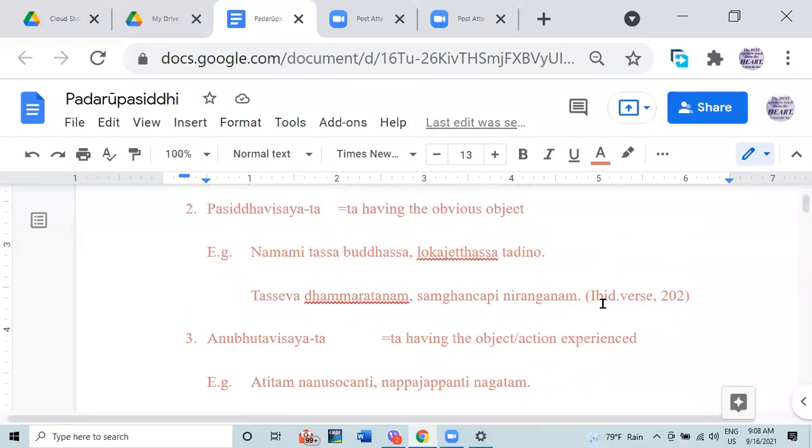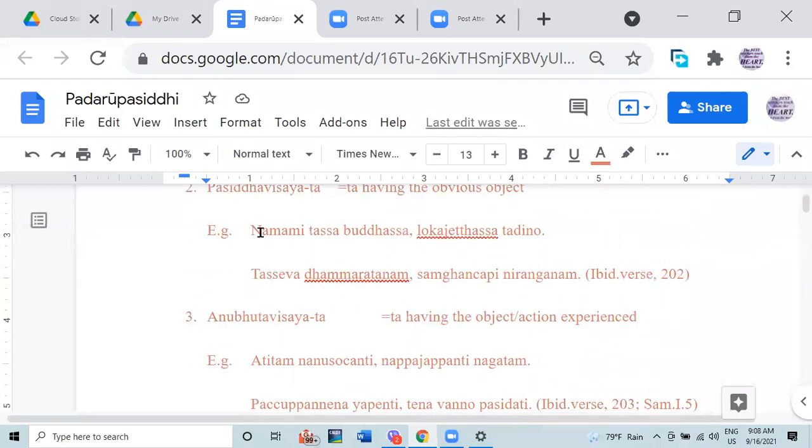So the example he gave is Namami Tassa Buddhasa Loka Jittasa Tarino.